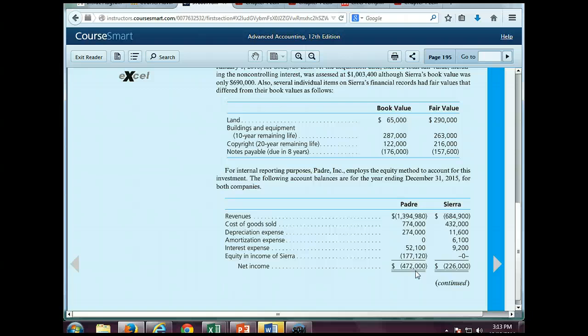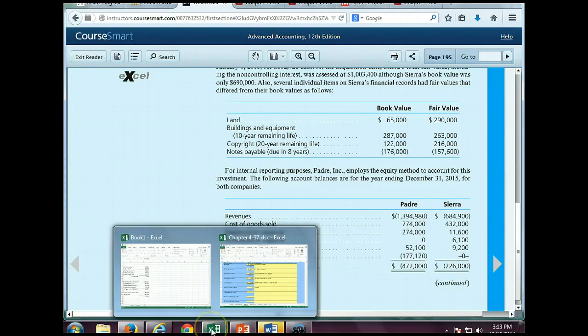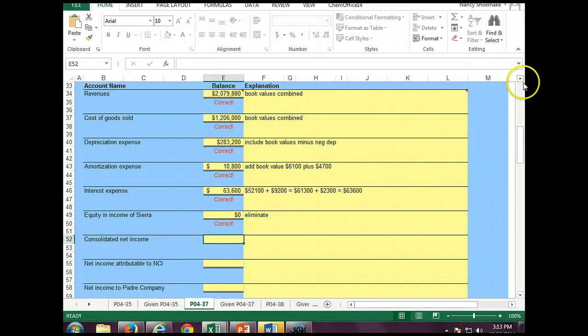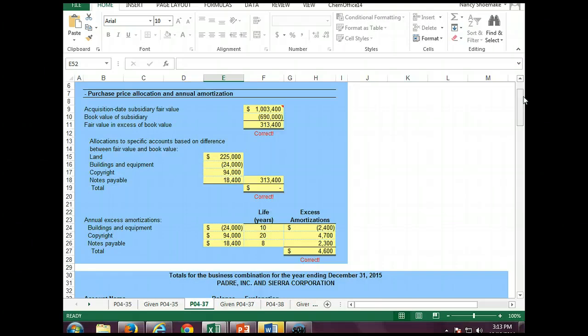Add to that 226. 520,880. And then our annual excess here is what? 4,600.